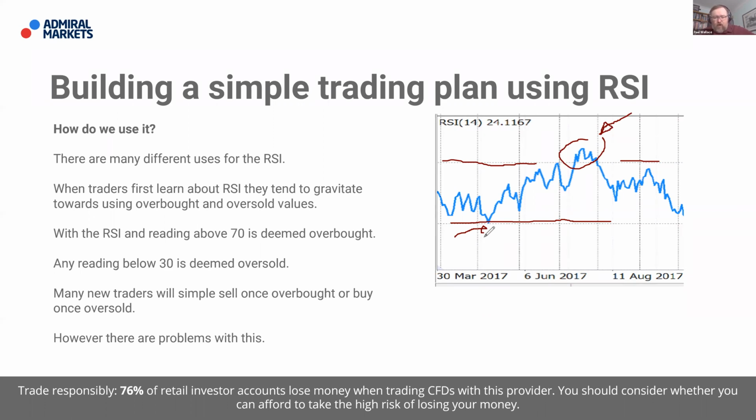The overbought and oversold elements are of interest, and we will look at them more in a moment, but just arbitrarily selling once it's reached overbought territory above 70, or buying once it's gone oversold beneath 30, is just not a very smart way to use this indicator, as we'll demonstrate now, ladies and gentlemen. We'll just move on here.